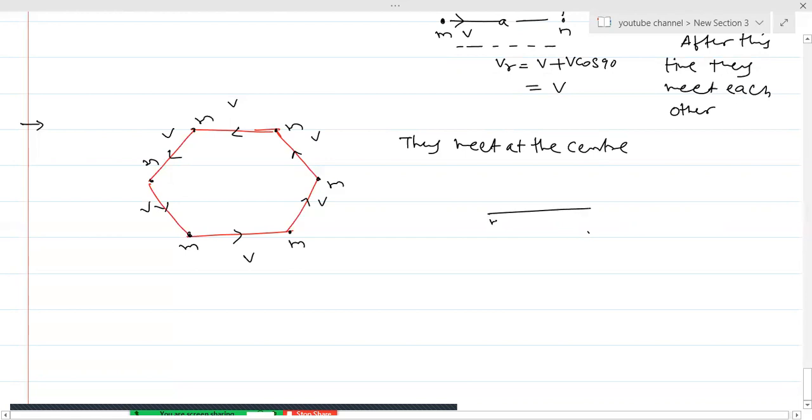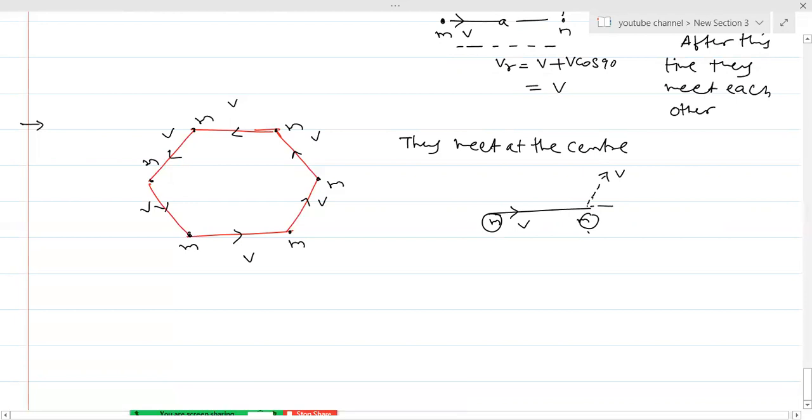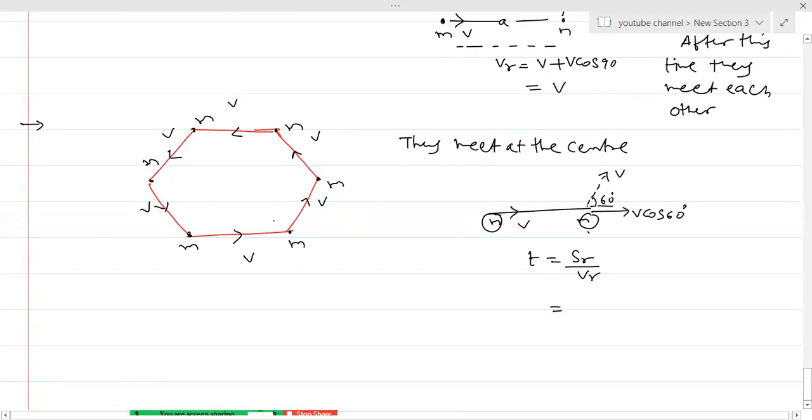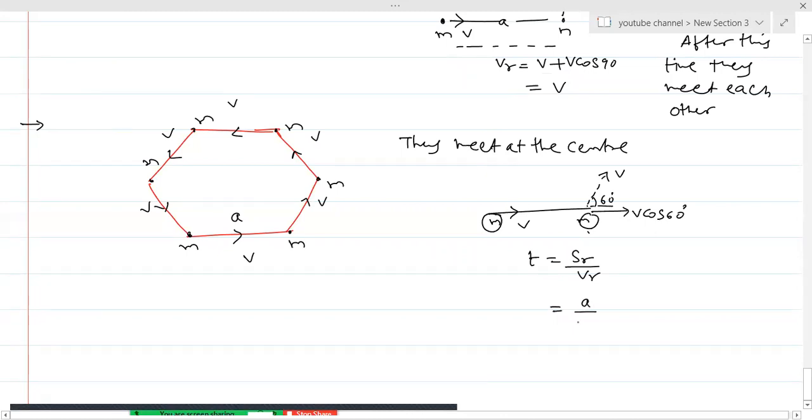For example, this is m and this is m. This is v, and automatically the second body has a velocity in this direction. In the same direction we have a component v cos 60 degrees. So time is relative separation by relative velocity. Relative separation is nothing but the side length a of the hexagon, and relative velocity is v minus v by 2.